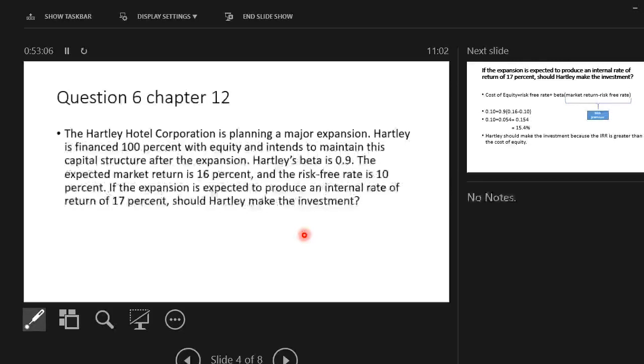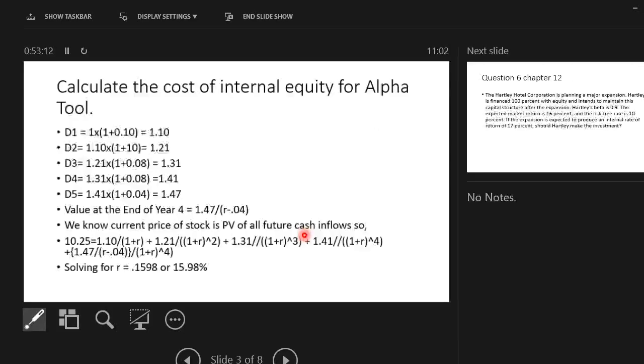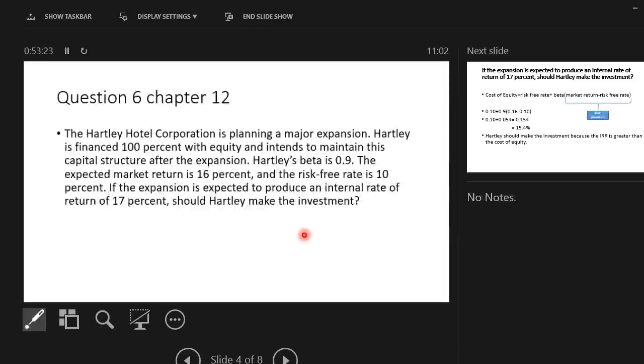So when you are calculating cost of equity, what we have done here is one way to do that, based on the information that you are given. But another way to calculate the cost of equity is to use the CAPM model.